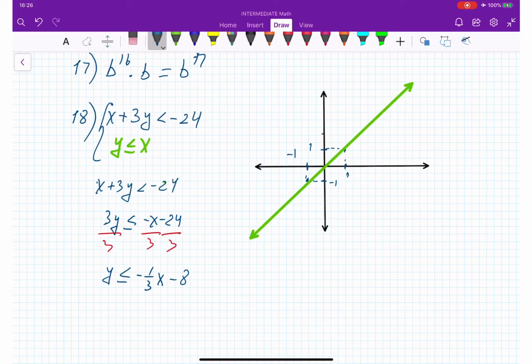Okay, so let's see. Eight. This is 1, 2, 3, 4, 5, 6, 7, 8. Negative 8. We start with negative 8, right?